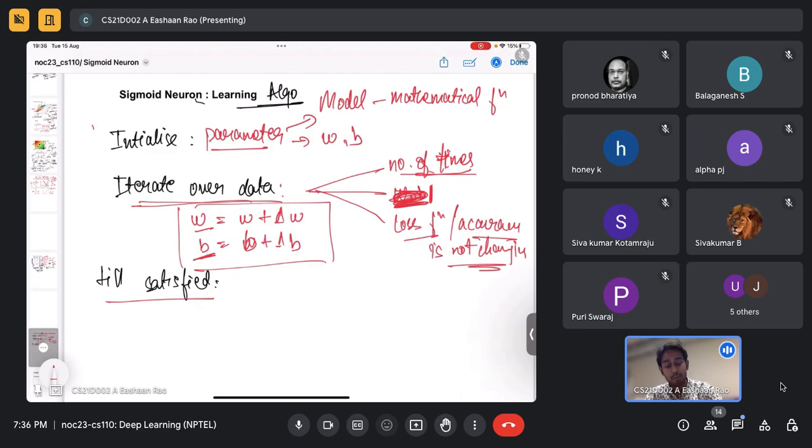So this is a typical learning framework of any algorithm that you're going to learn in this course. Now let's see how we want to learn the algorithm. Let's have another intuition.